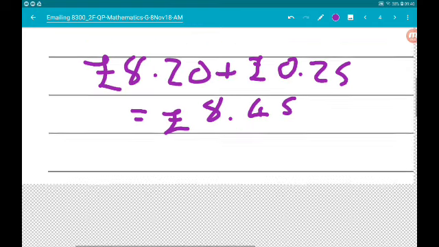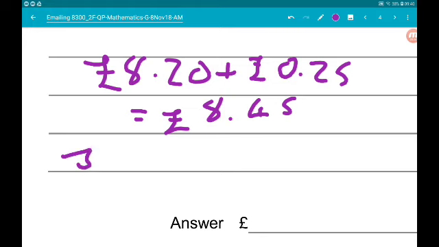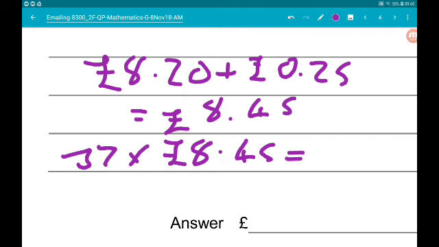So we then do 37 times £8.45, and that will give us £312.65.